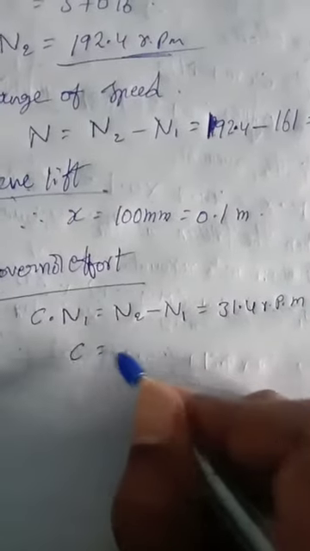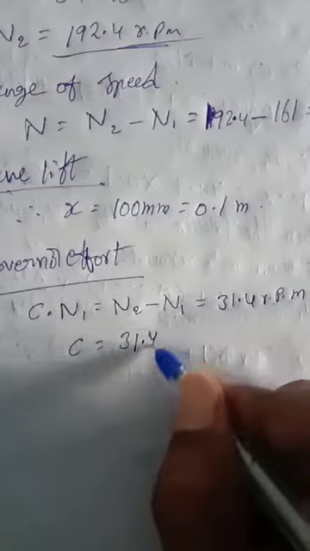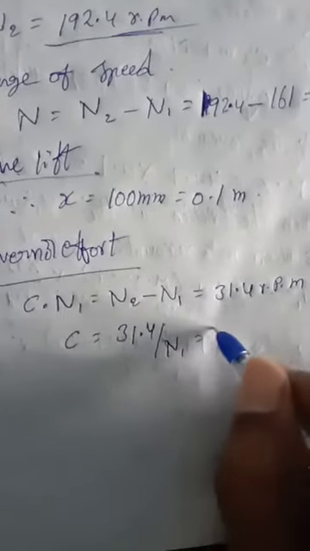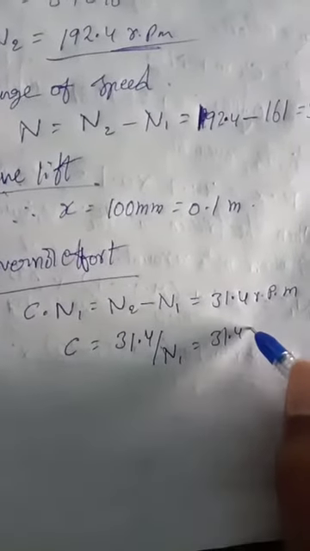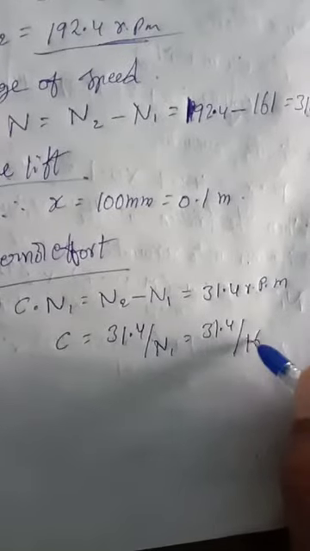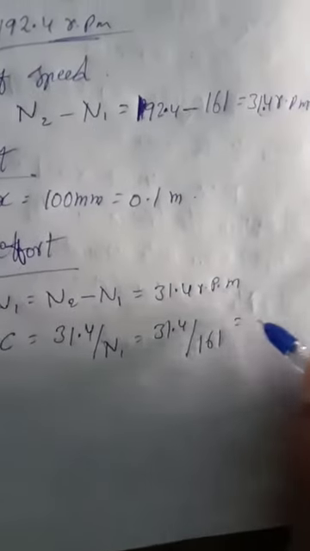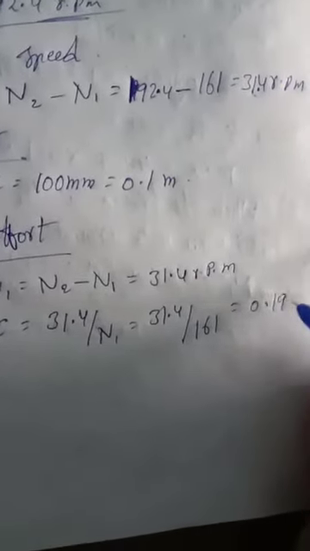Then small c is equal to 31.4 divided by N1, N1 is 161. So the c value is coming 0.195.